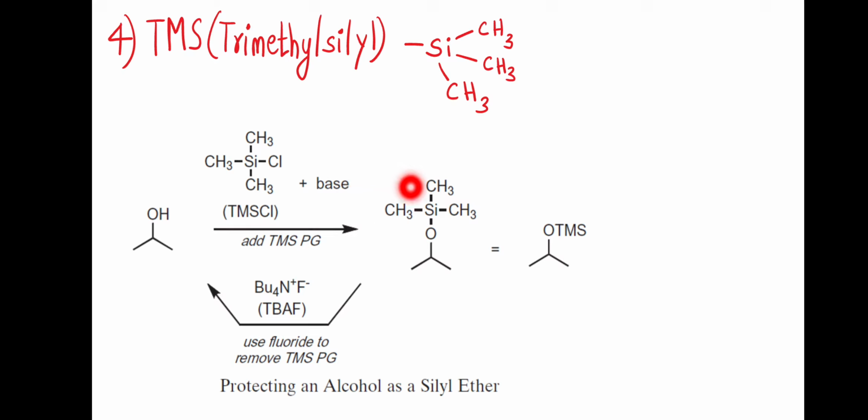It can donate its electrons into the vacant d orbital of silicon, and then the oxygen will be lost as a good leaving group, so you get the alcohol back. So always remember this reagent, tetrabutylammonium fluoride, TBAF. TBAF is used for deprotection of any silicon based protecting group, because the bond between silicon and fluorine is stronger compared to silicon and oxygen. So that is why this bond will easily break.